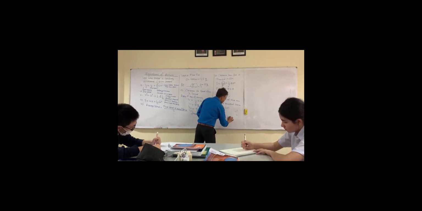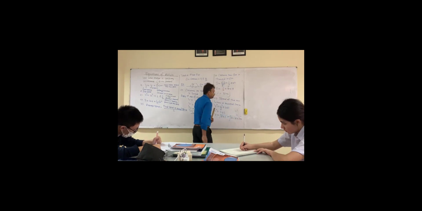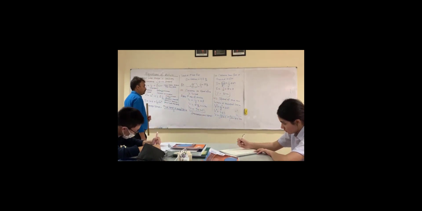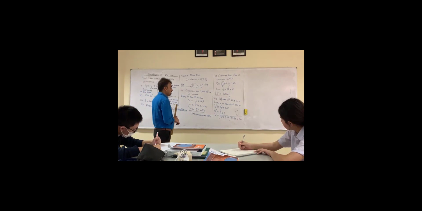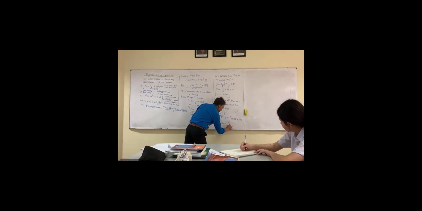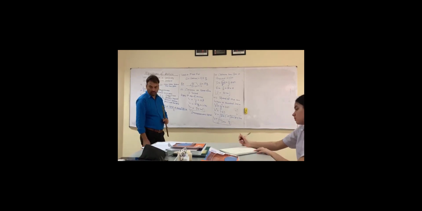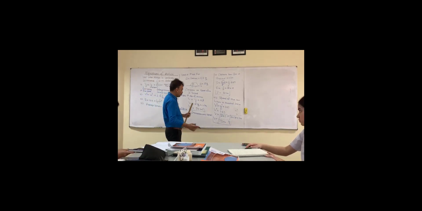So now we can solve. 2A is 18 meter per second square and this is 200. So V is equal to square root of 7200 meter per second. As I take the square root of 7200, this will be around 84.